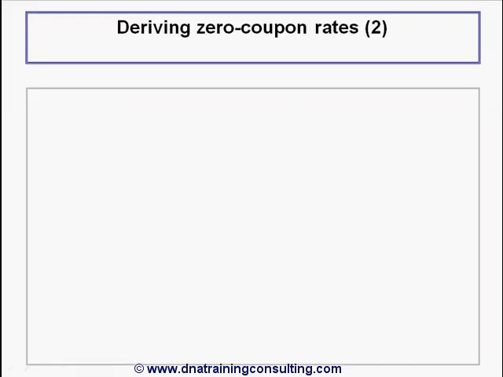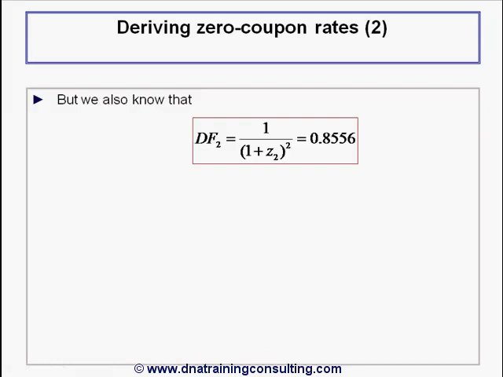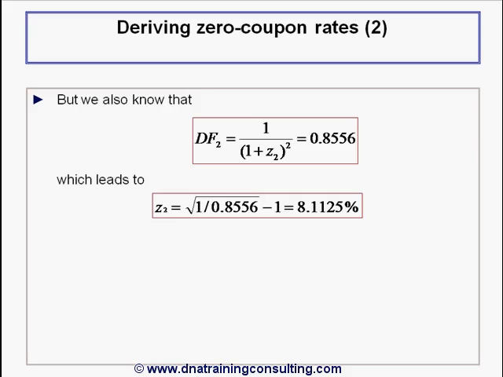Furthermore, df2, being the discount factor for a cash flow occurring at the end of 2 years, must equal 1 over (1 plus z2) squared, where z2 is the 2-year zero coupon rate you are seeking. So solving the equation in front of you enables us to write what has just appeared.